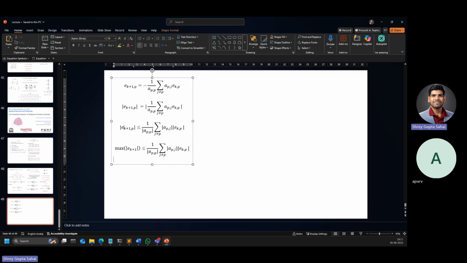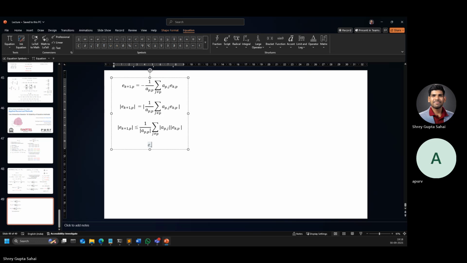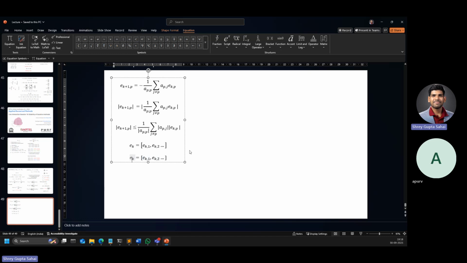Basically, what I'm saying is, suppose E K will be something of this sort, E K 2 and so on. And then mod of E K, basically the way we have taken our mods, right?